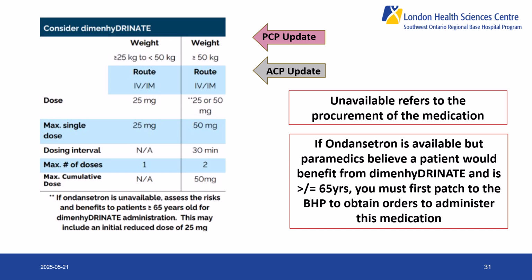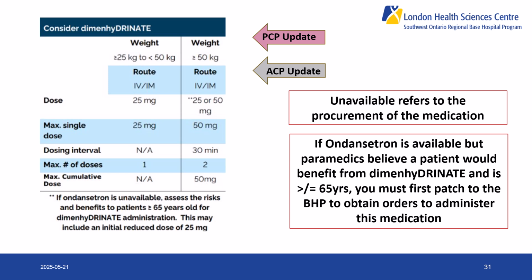Some risks of administering dimenhydrinate to elderly patients include sedation, precipitated delirium, and interactions with other anticholinergic sedating medications. These can all negatively impact the patient's ability to be properly assessed and diagnosed by yourself or hospital staff.